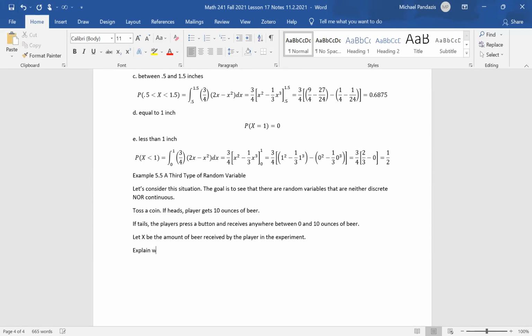Explain why X is neither a discrete random variable nor a continuous random variable.